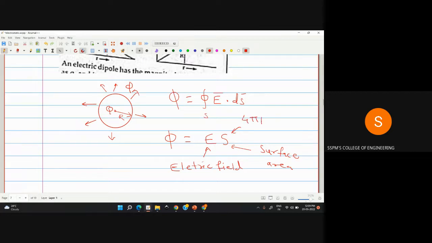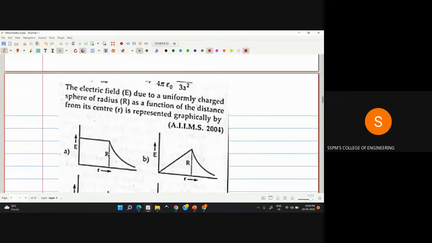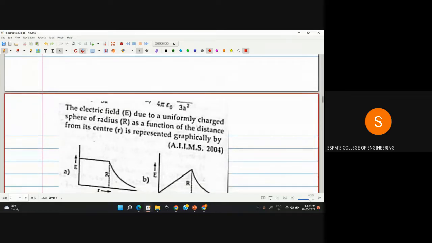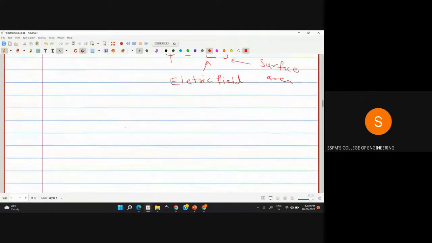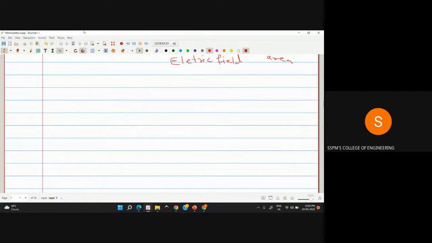So 4 into pi into r square into E gives the flux crossing the area. So in the given example, now we have to solve this example. What is the electric field due to a uniformly charged sphere? One sphere is given, so I would like to draw the sphere. And the charges are given on the sphere.